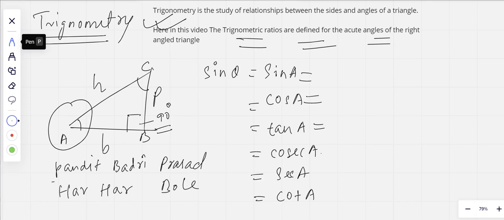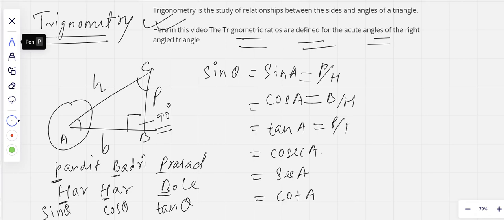So it's P by H, B by H, and P by B. Sine theta will be P by H, cos theta will be B by H, and tan theta will be P by B.